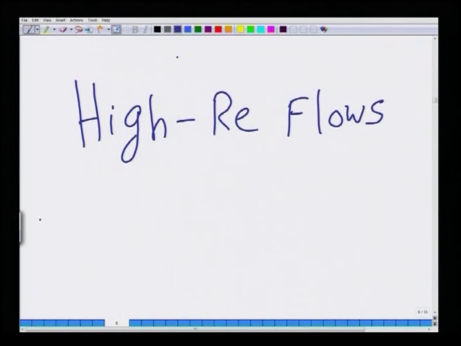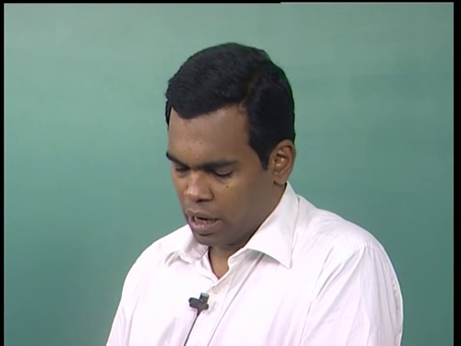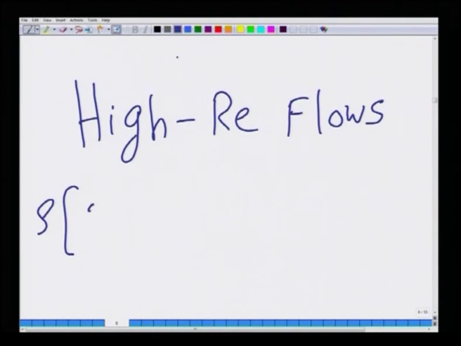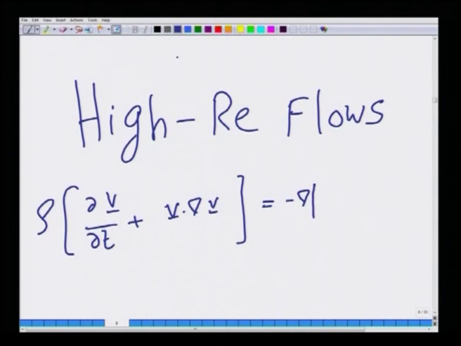Now, as I have told you, the problem with the Navier-Stokes equations, which were written down about 200 or 300 years back, is that they are extremely complex to solve. The Navier-Stokes equations for an incompressible fluid are non-linear partial differential equations. So, let us write that.